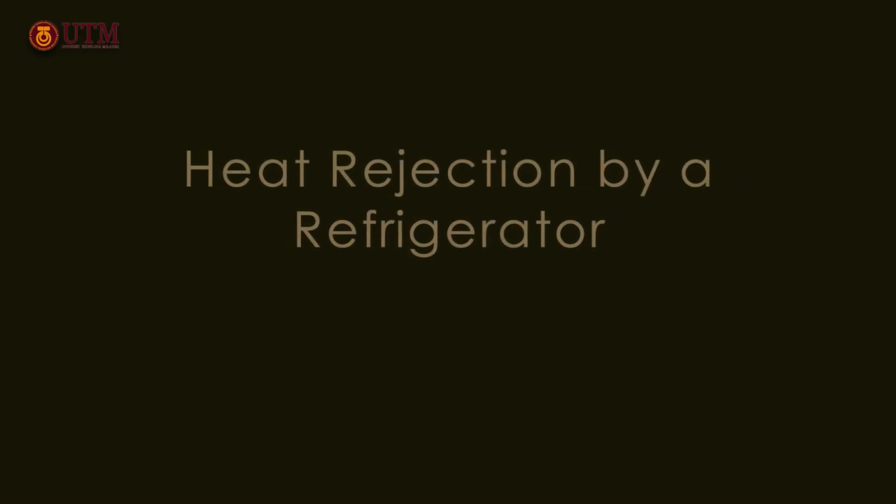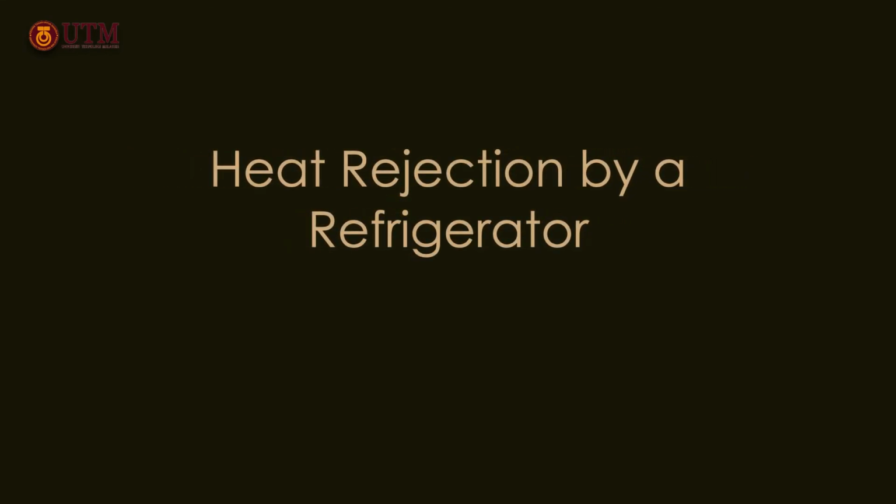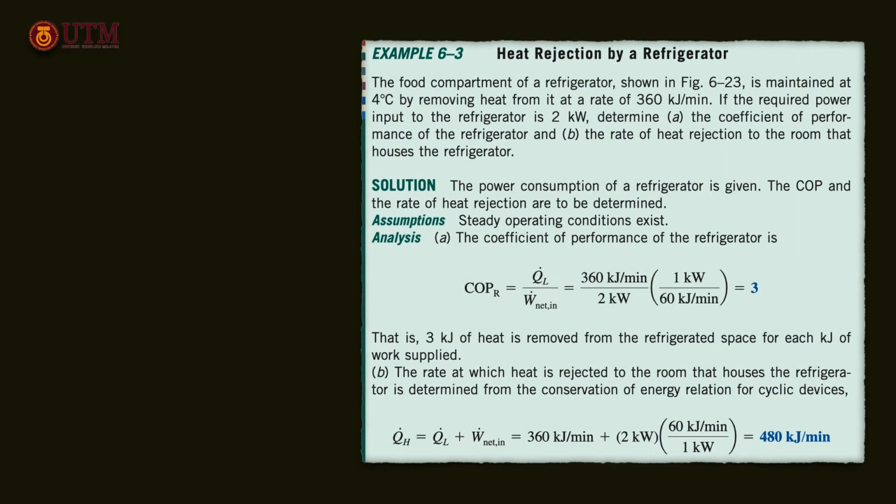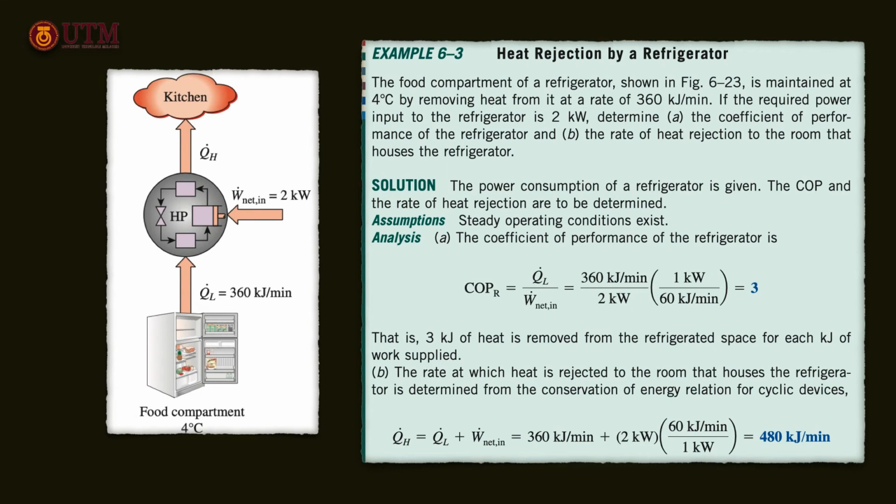Let us discuss example 6.3 about heat rejection by a refrigerator. In this example, the power consumption of a refrigerator is given. Therefore, the COP and the rate of heat rejection are to be determined.